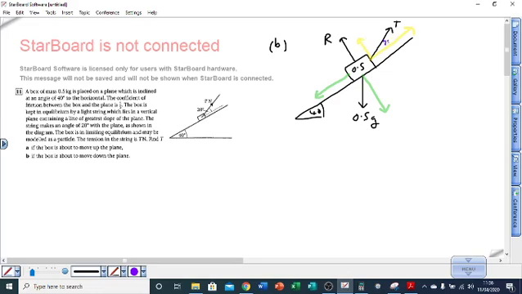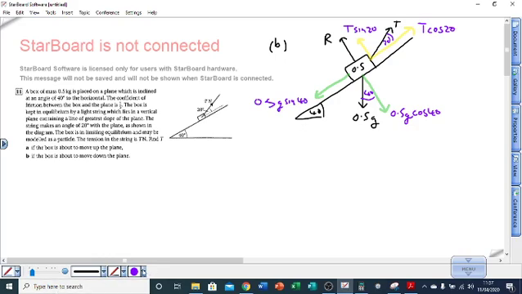We know this is 20 degrees here, so this is going to be T cos 20, and the bit going up here is going to be T sin 20. This is 40 degrees, and the bit going down here is 0.5 G cos 40, and the bit going down here is 0.5 G sin 40.